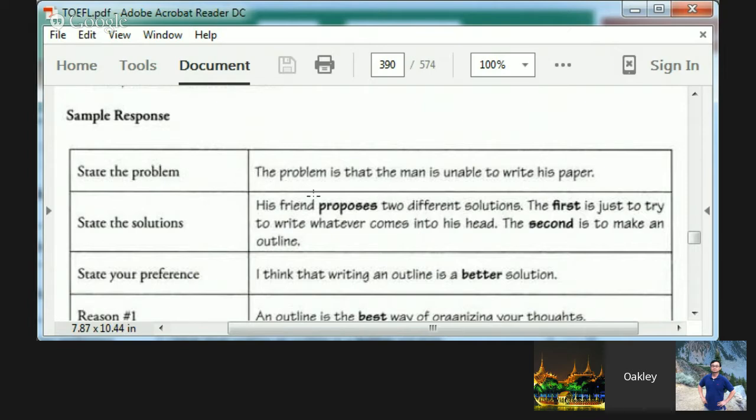It's very important to have at your disposal probably at least 10 different verbs to express the idea that somebody says something. His friend proposes, suggests, makes the suggestion, advises.